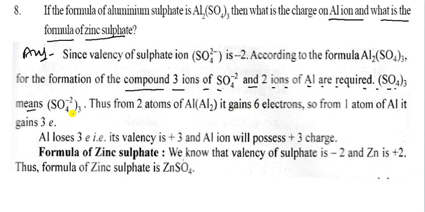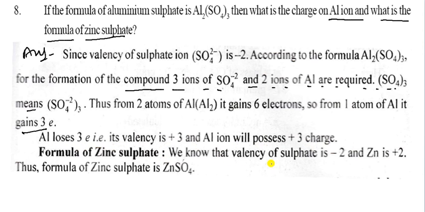Thus the 2 atoms of aluminum lose 6 electrons, so each atom of aluminum loses 3 electrons, that is the valency is +3 and the Al ion will possess +3 charge.